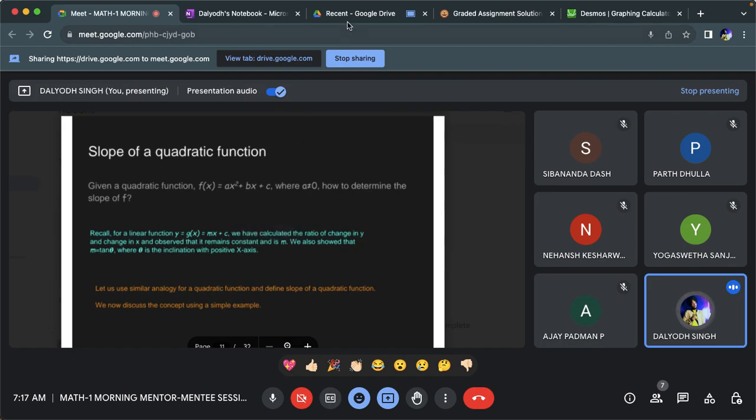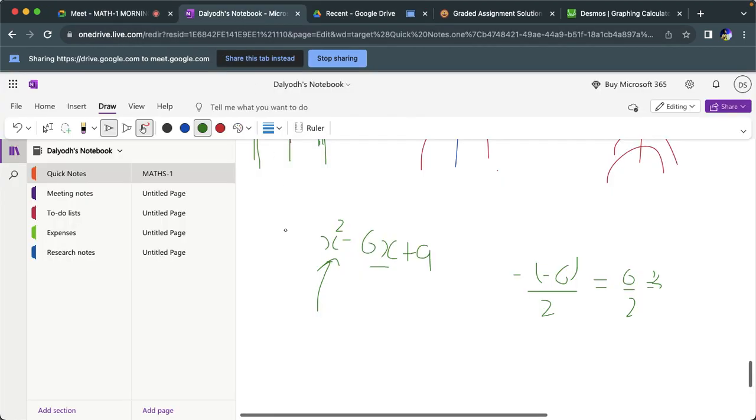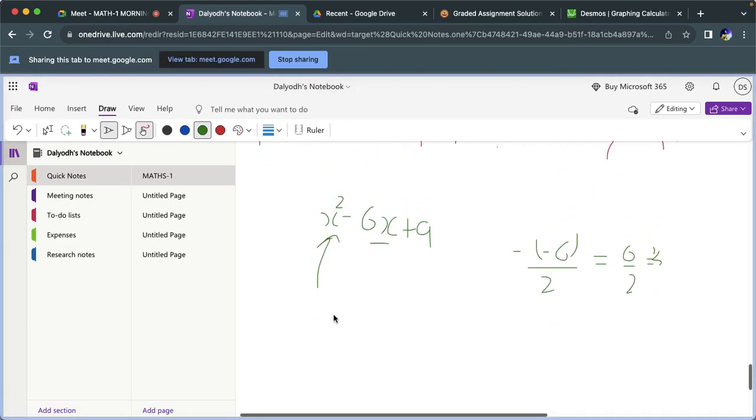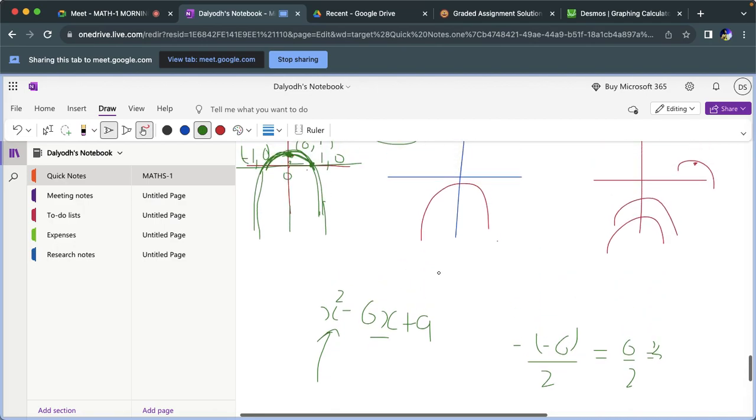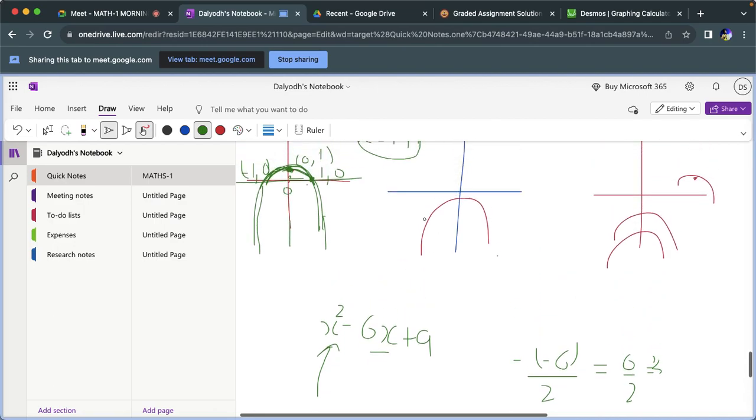Maybe those from a non-science background don't know about derivatives, right? So in this graph, let me tell you what the slope is. First of all, slope is like this: at every point, what is its direction.